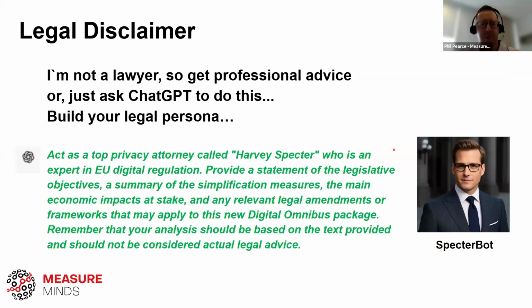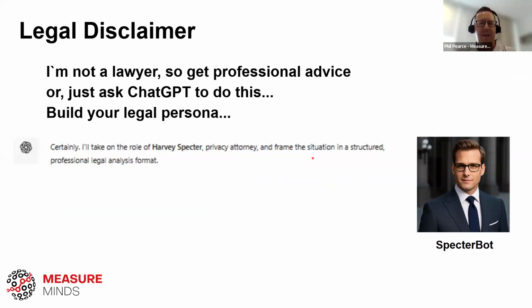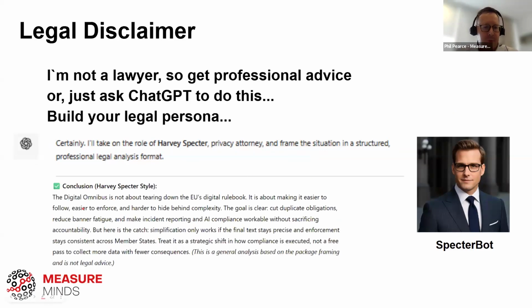You can put in a custom prompt similar to this one, and it will analyze your prompts and give you a slightly more targeted response with a quite comical, tongue-in-cheek tone. As I said, you'll get access to this slide, so you can paste that in as a custom prompt beforehand, and then ask it legal questions about Omnibus or similar, and you get some quite funny replies. What did the Spectre bot say on this one?